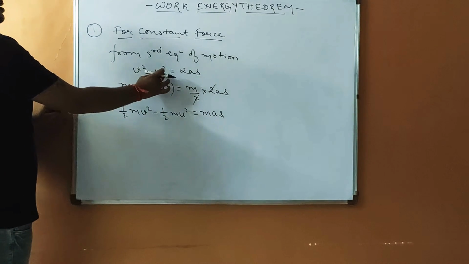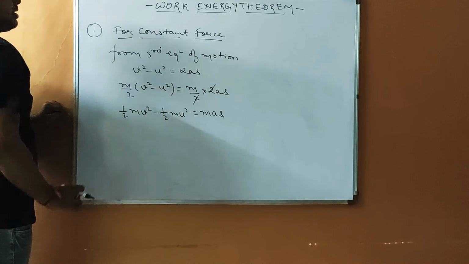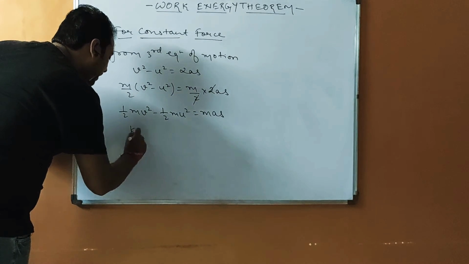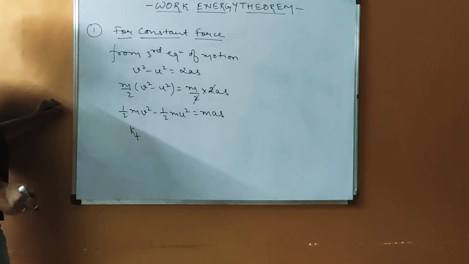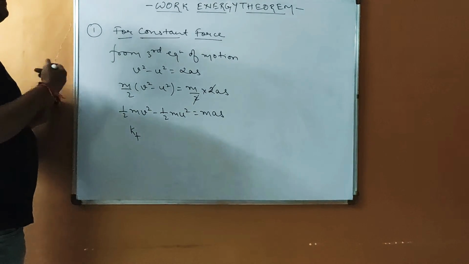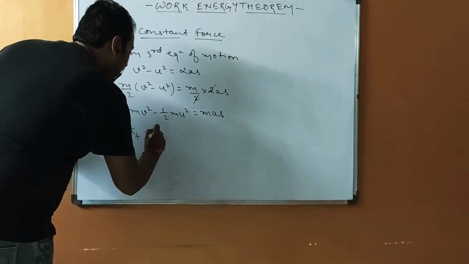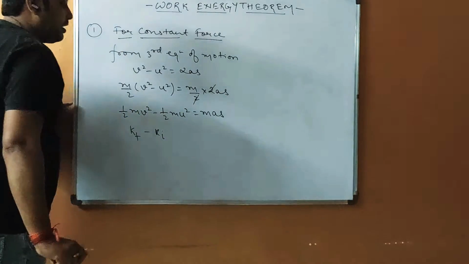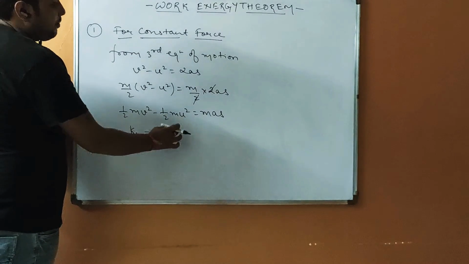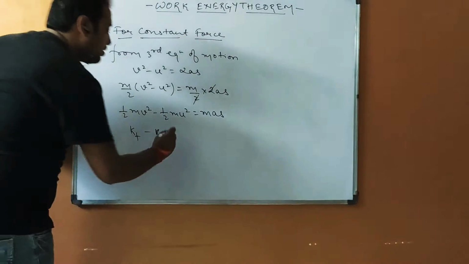What is half mv square? Its initial velocity was u, its final velocity is v. Then we can say that this is the final kinetic energy. If you remember the formula for kinetic energy, half into m into the square of the velocity. And this should be the initial kinetic energy. Half mv square is the final kinetic energy, half mu square is the initial kinetic energy.